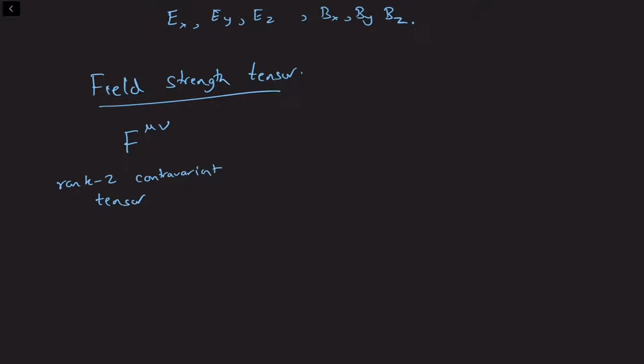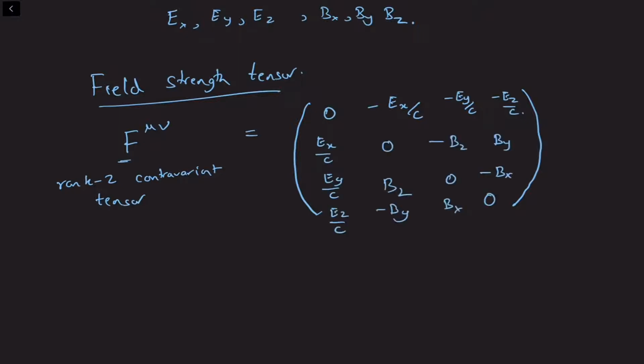And if you'll recall, I told you that sometimes we just have to guess what transforms like a tensor. So if you write down a rank 2 tensor of this form, where I fill in the components of this tensor with the electric and magnetic fields, so I filled in all the entries of this matrix.